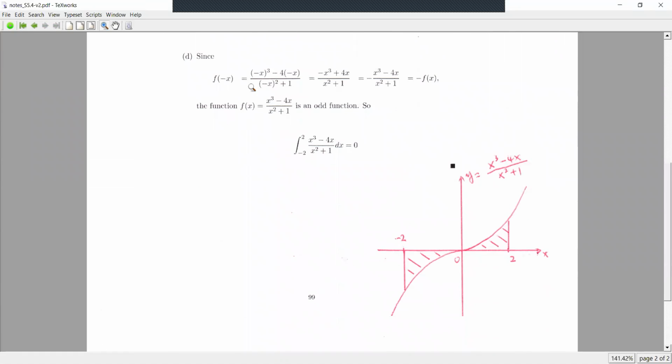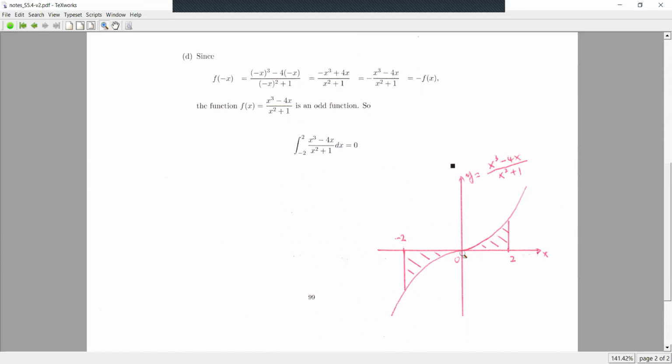Here I demonstrate how the function satisfies the equation f of negative x is equal to negative f of x. And here is the graph of this function. The graph is symmetric about the origin.